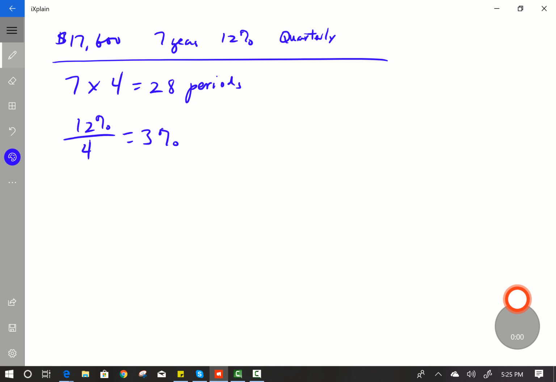So we're going to use a present value table here, and the reason is because we want to know what we must invest today to get $17,600 in 7 years if we were able to invest at 12% interest compounded quarterly over that 7-year period. So I want to find the corresponding factor of 28 periods and 3% on a present value table.